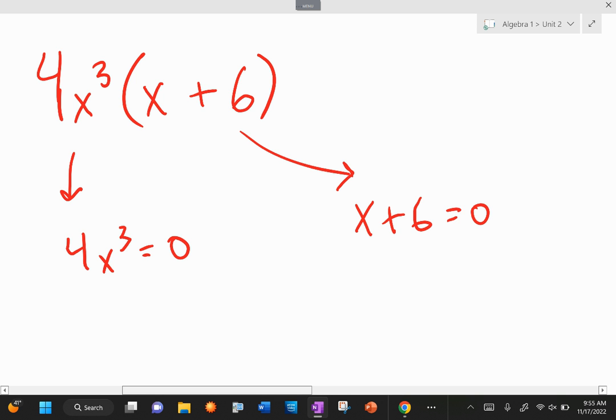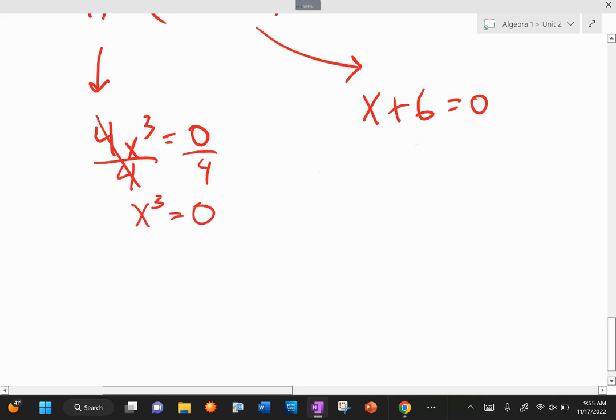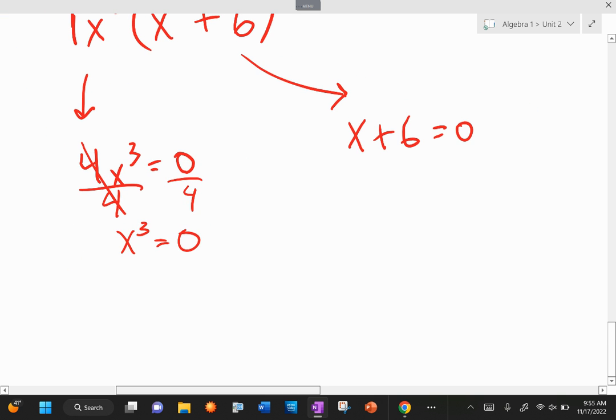Multiplication and what else? Yeah, it's being cubed, right? It's got those exponents. So if we're doing PEMDAS backwards, we take care of the multiplication first by dividing both sides by 4. The 4s will cancel out and give us x to the 3rd equals 0. Now, how do you get rid of an exponent to the 3rd power? How do you get rid of any exponent?